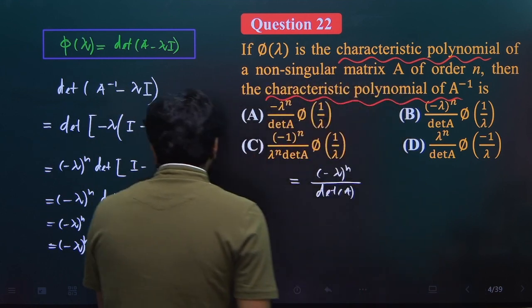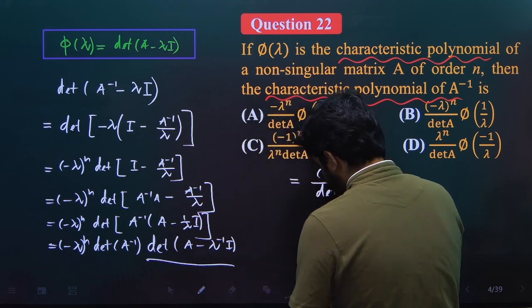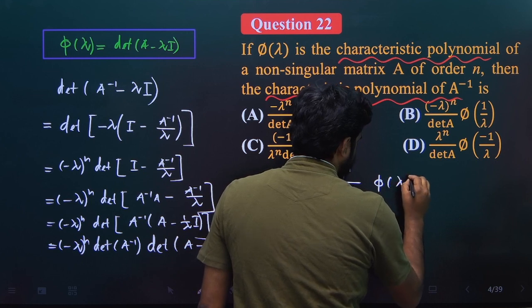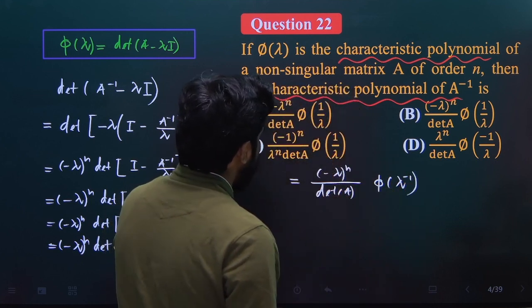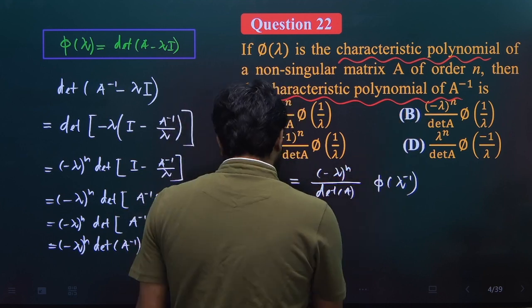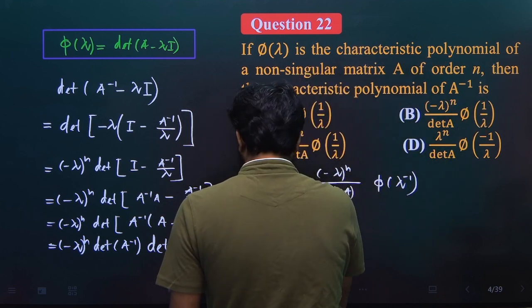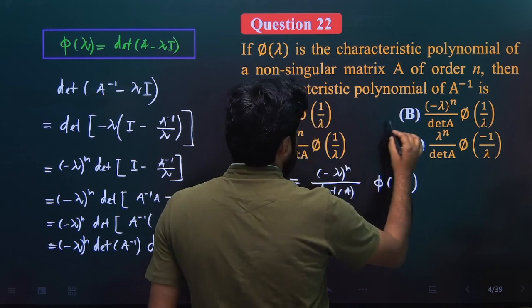Which option is correct? Phi lambda inverse, that is 1 by lambda, so option B is the correct answer.